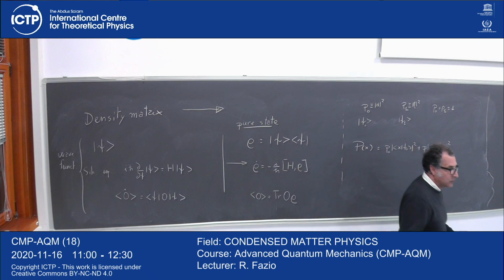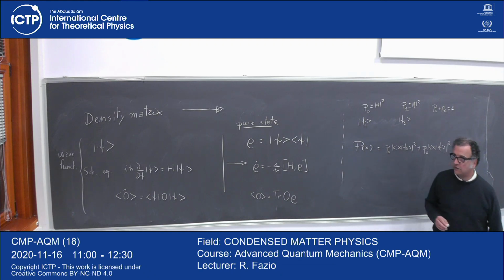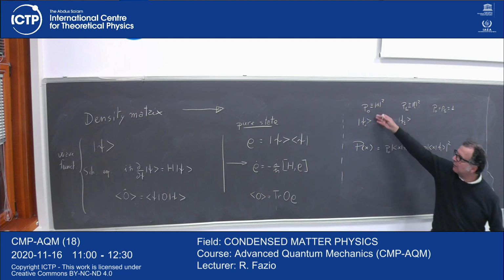But if I ask you what is the object to describe the evolution of this quantum state, you cannot assign a wave function to this object. In fact, I just wrote it by hand.